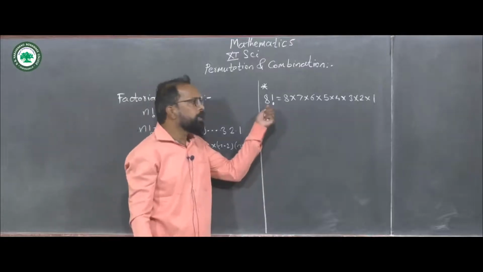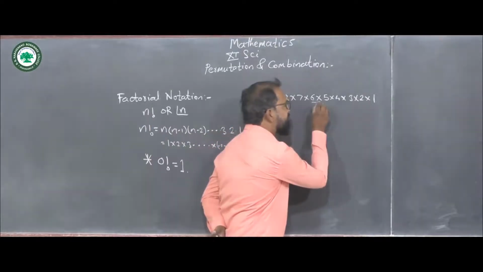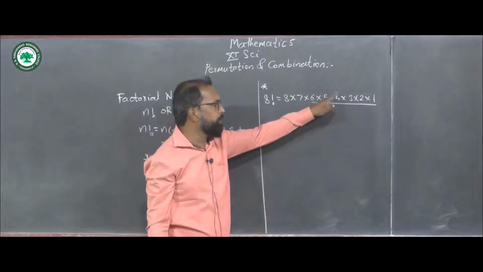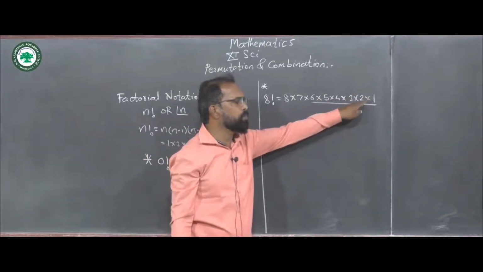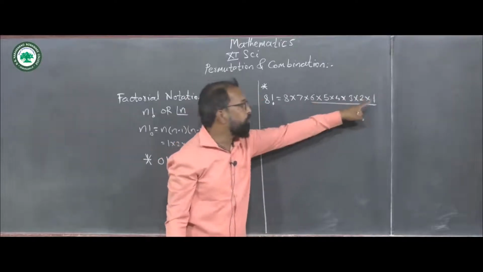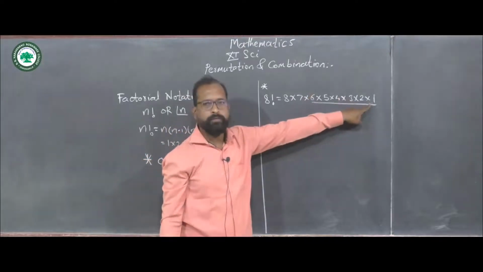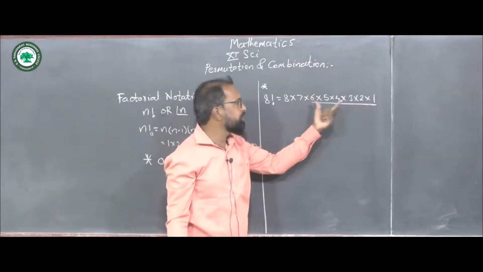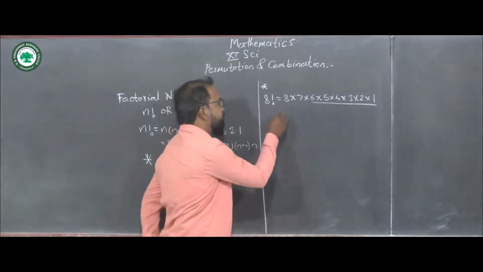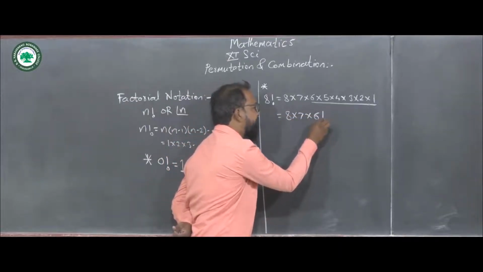But if we consider these last 6 numbers, that is 6 into 5 into 4 into 3 into 2 into 1, this is the product from 1 to 6, or we can say the product from 6 to 1. And by using the definition, this product is nothing but 6 factorial. So this 8 factorial can be written as 8 into 7 into 6 factorial.